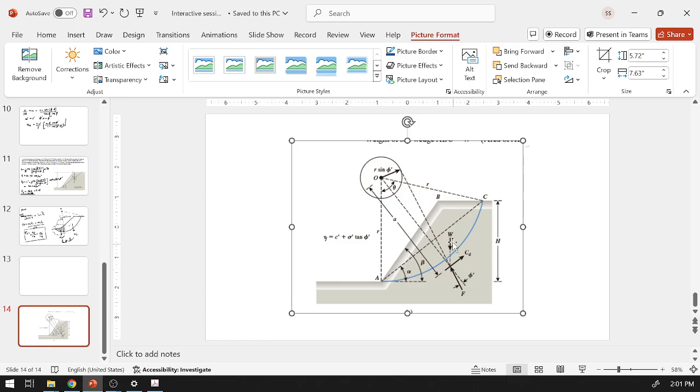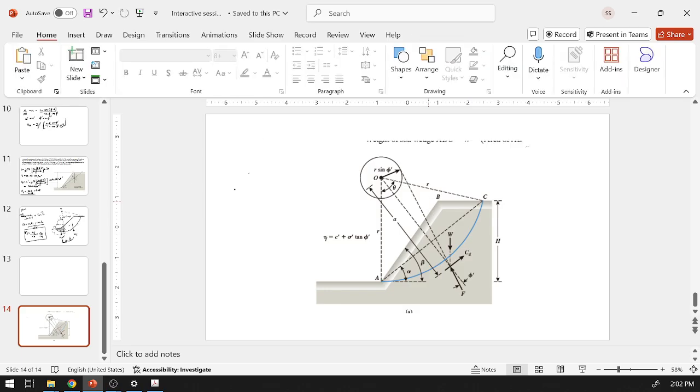So we calculate the W here and we draw a force vector, the actual force vector to scale.